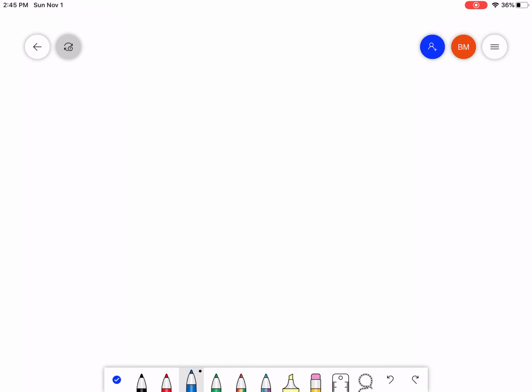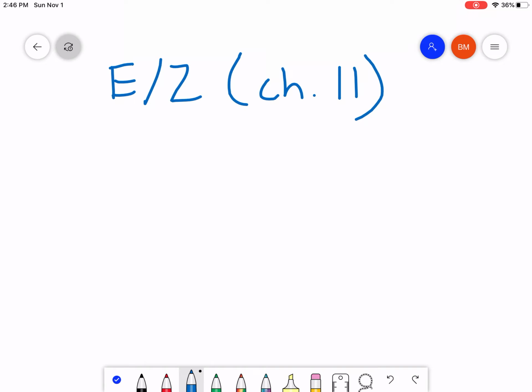Okay, and there's something else related to stereochemistry that is actually not in this chapter. It is in chapter 11, but I think this is a good context for it, so I'm going to go ahead and tell you. If you want to look it up in the book, I believe it is in chapter 11. That is EZ configurations. EZ is going to be very, very similar to cis-trans.